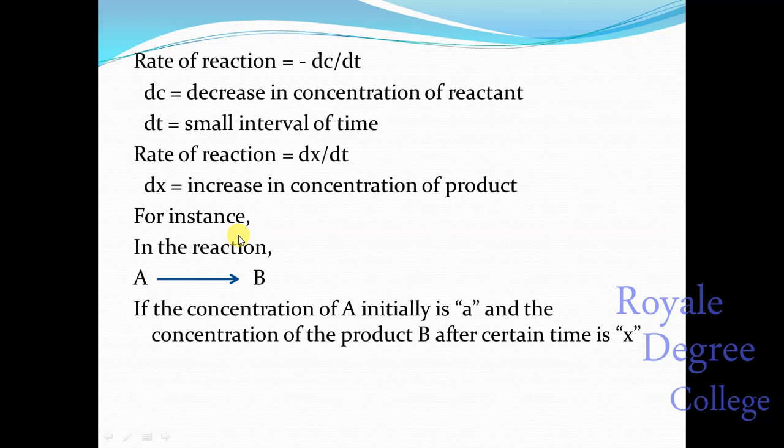For instance, in the reaction, A is the reactant which gives product B. If the initial concentration of A is small a and the concentration of the product B after certain time is x.